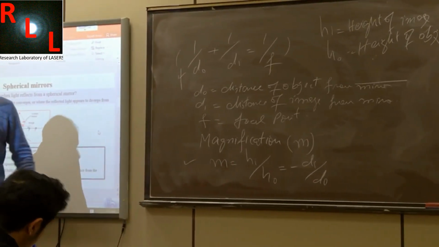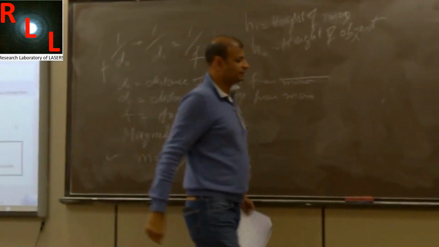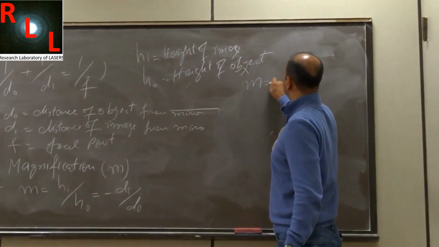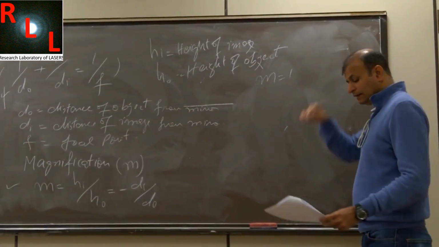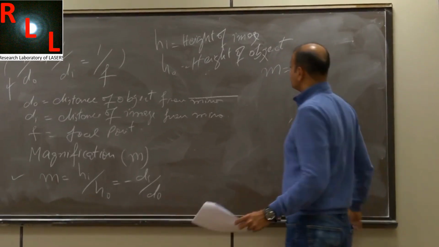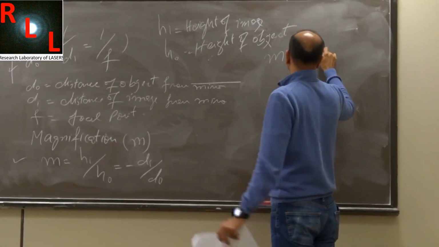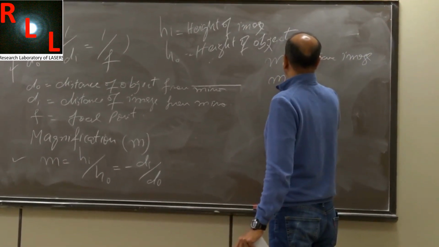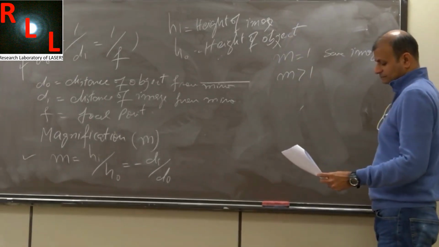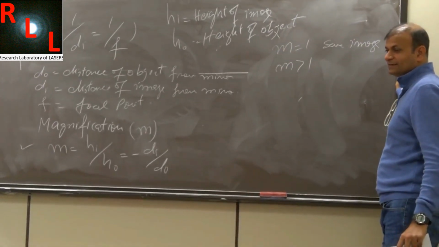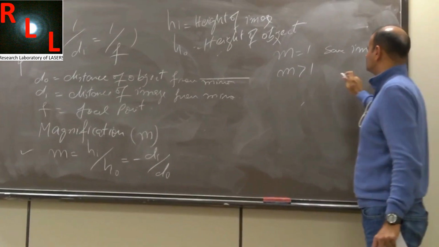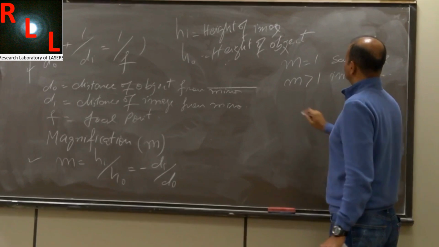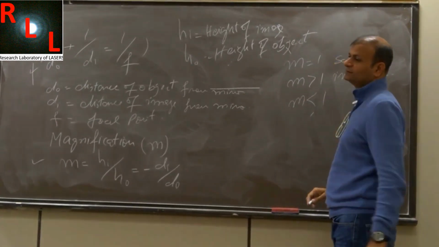If M is equal to 1, the image is the same size as the object. If M is greater than 1, the image is bigger, larger. And M less than 1, the image is smaller.